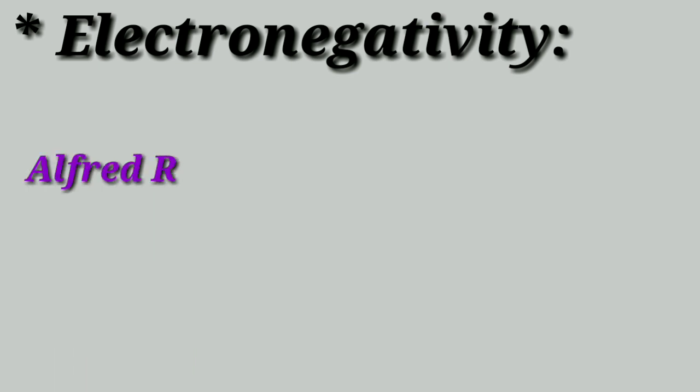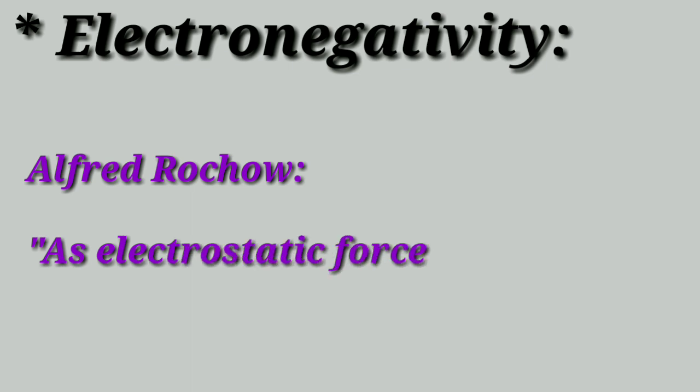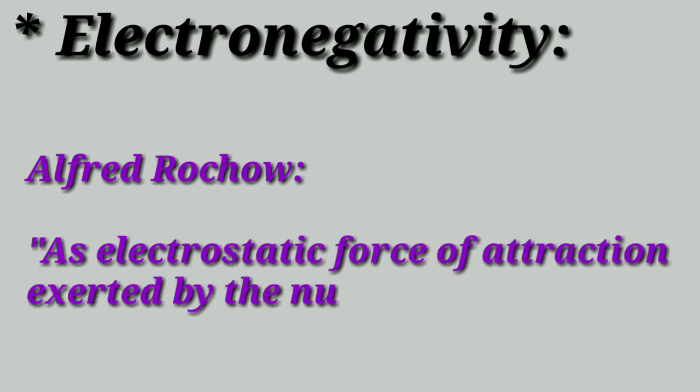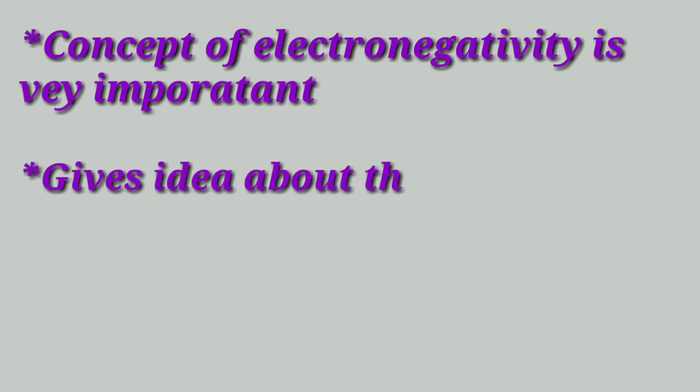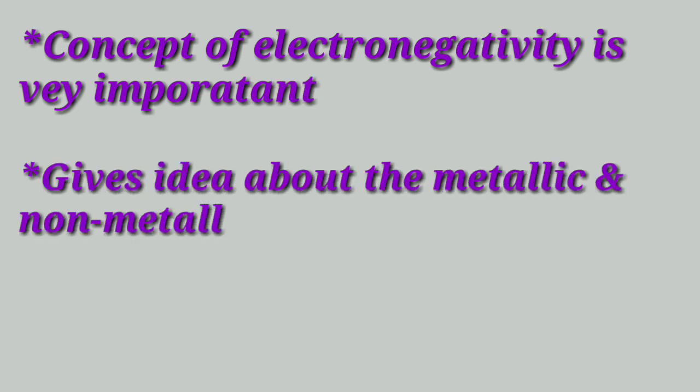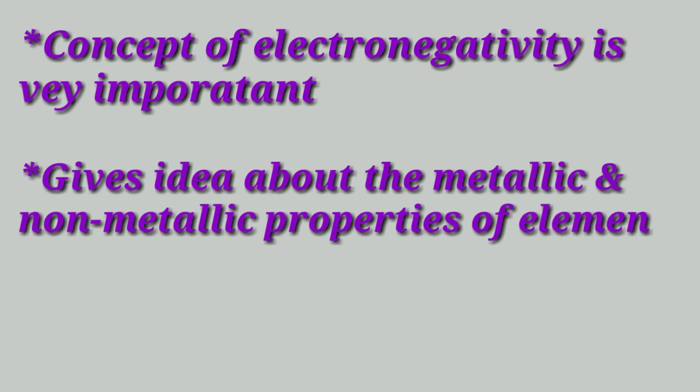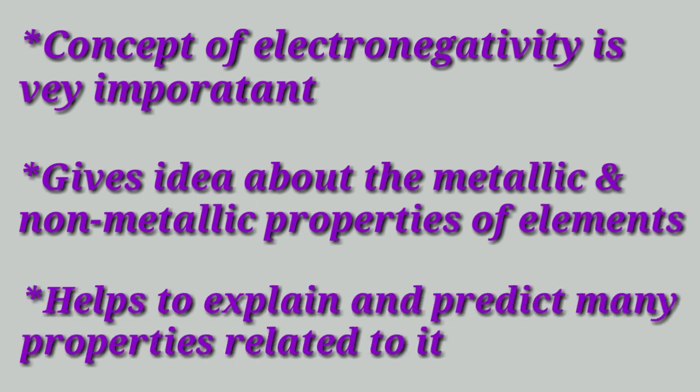And Alfred Rochow defined electronegativity as the electrostatic force of attraction exerted by the nucleus of an atom on the valence electrons. Students, the concept of electronegativity is very important as it gives an idea about the metallic and non-metallic properties of elements. It also helps to explain and predict many related properties.